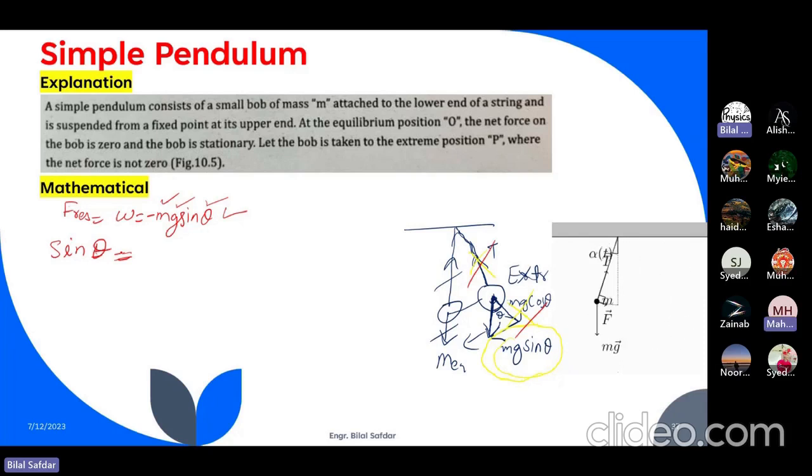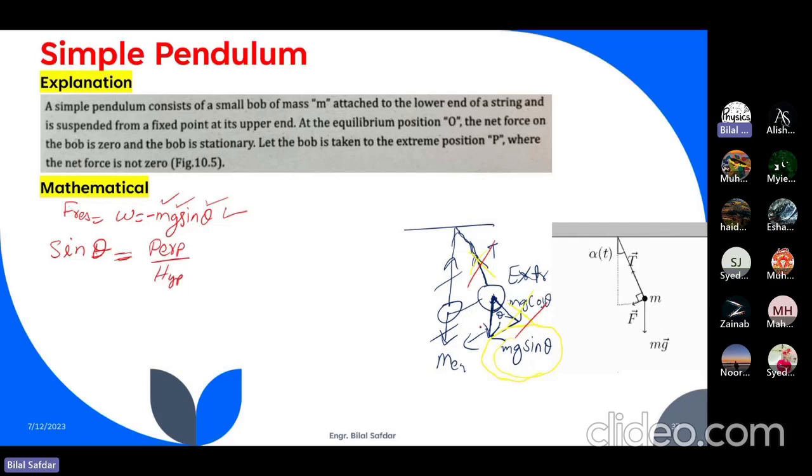Sir, sine is opposite over hypotenuse. Opposite for which? Perpendicular by hypotenuse.